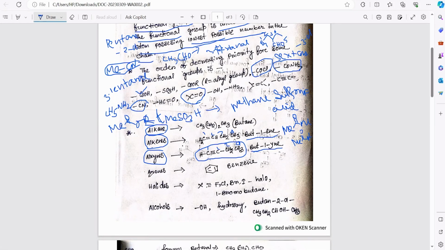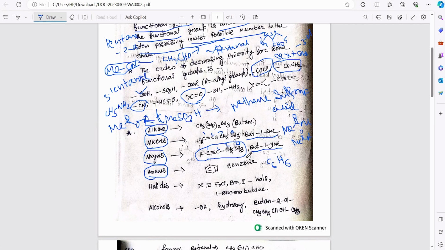Now arene groups. Where is the arene group? The arene group is coming from the benzene ring, C6H6. Benzene ring. Now we'll count the halides. X equals chlorine, bromine, iodine, and that is a halogen. 1-bromobutane, and this is a halogen compound.